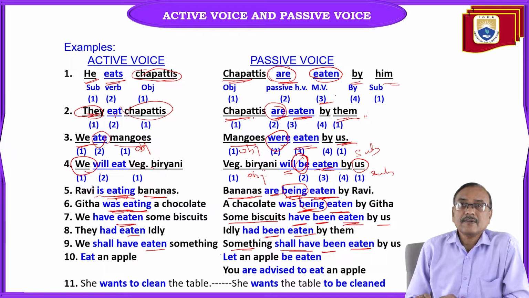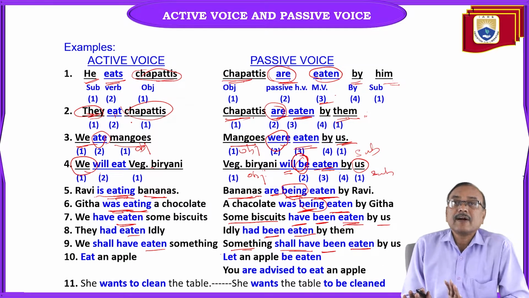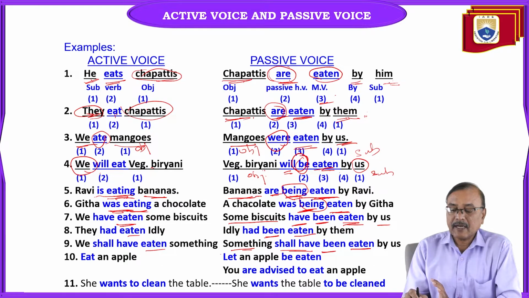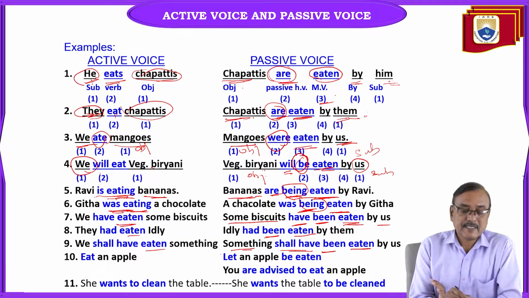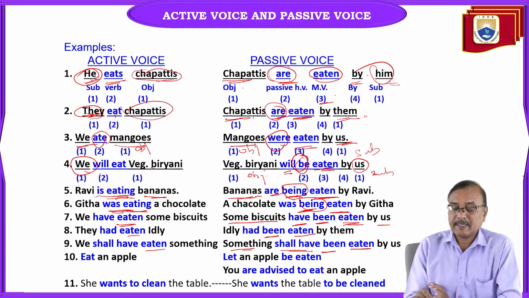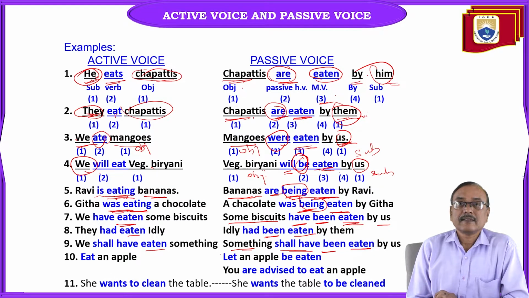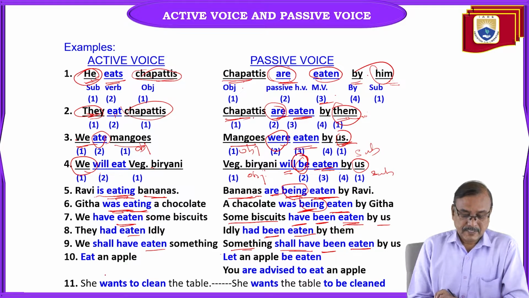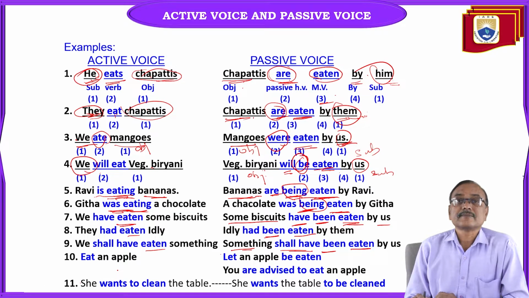So, if you observe here, what is happening? The subject is coming to the object place and the object is coming to the subject place, with a change in its case.